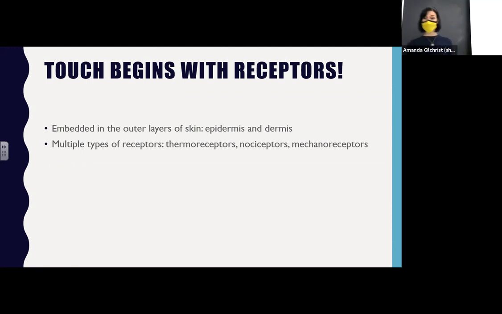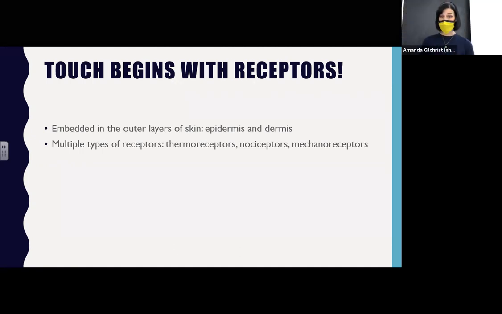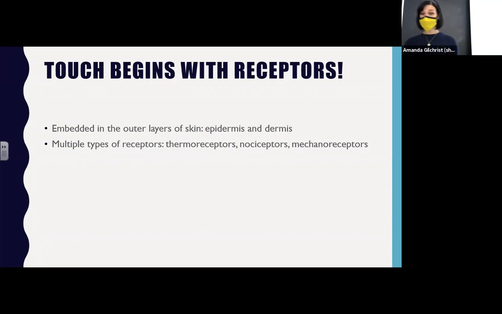We have thermoreceptors that are responsible for detecting different temperatures of objects. We have nociceptors, which are critical for processing aspects related to pain. And we have the mechanoreceptors, which help us figure out things like pressure, vibration, and skin stretch to help us manipulate objects and reach for objects around us.